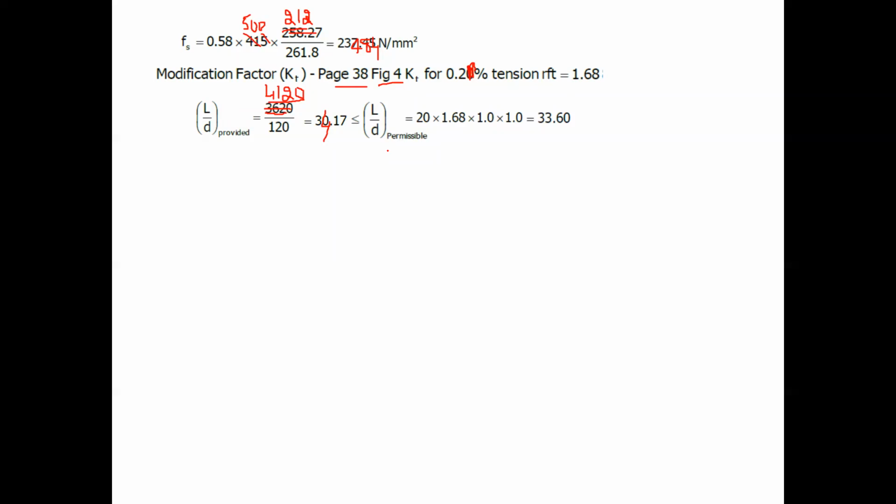Yes, sir. So, according to this, is the deflection safe or not? Safe, sir. No, sir. Unsafe, sir. Yes, right. So the deflection is unsafe. So what do you have to do now? We have to redesign it. But you won't get the time.